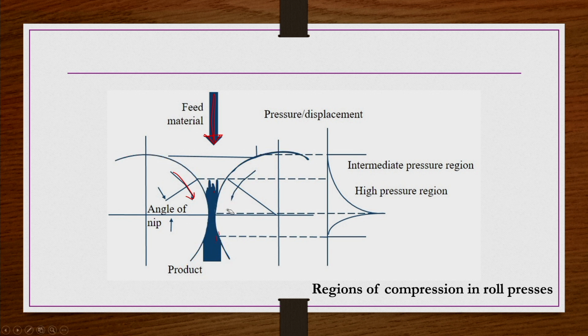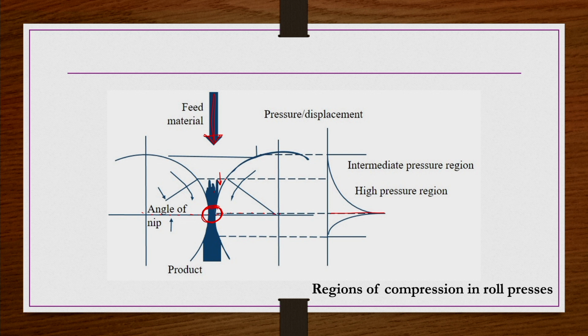Now, the pressure forces: the pressure is going to be very high at the center, or the point at which they are contacting, or the lines. Let us say this is the center axis of the two rolls. At that point you may have the high pressure at the contact point, and a kind of intermediate pressure somewhere here, when the material is first coming and interacting with the rolls.